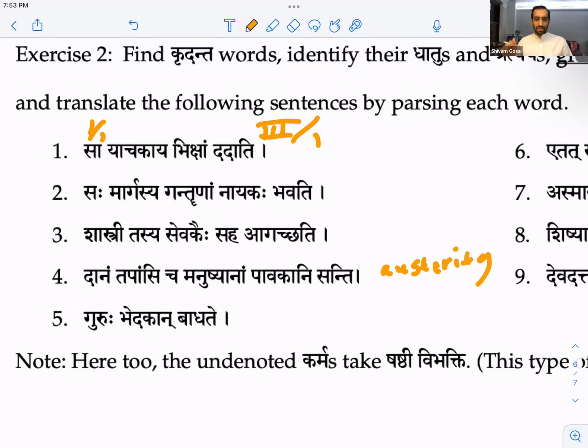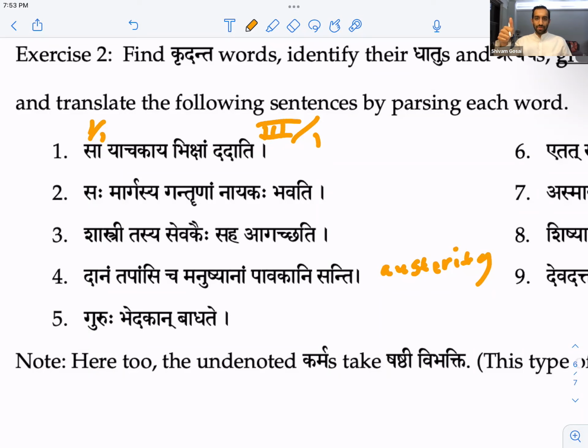This is strilinga tad shabda. Prathama vibhakti ekavachanam. Kartari prathama to dadati. So sa dadati, she gives.